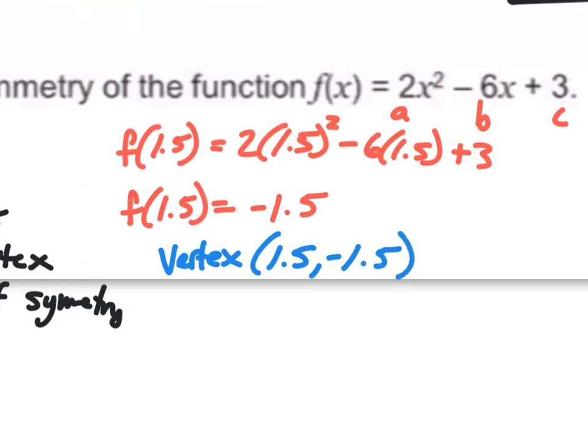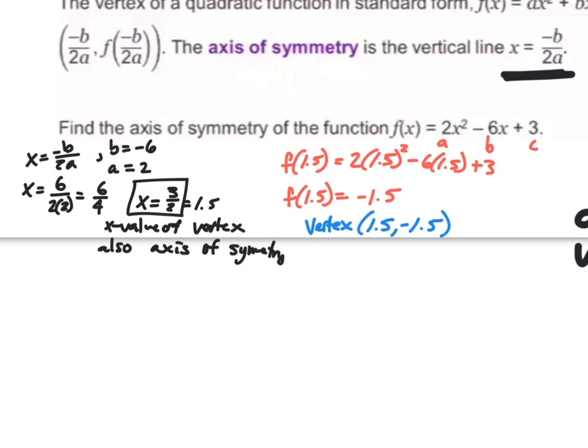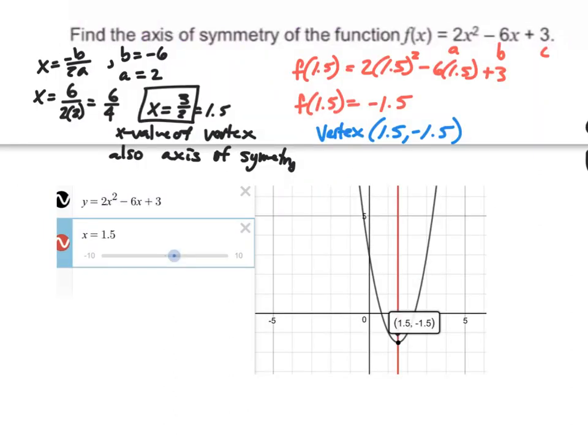Now let's go ahead and graph this, and I'm going to graph the axis of symmetry as well. Give me a second, I'm going to go to Desmos, plug all this in, and be right back. Okay, once I graphed my parabola, I notice it opens up. I went down to the very bottom point at my vertex and found the same thing that we found algebraically, 1.5 comma negative 1.5.